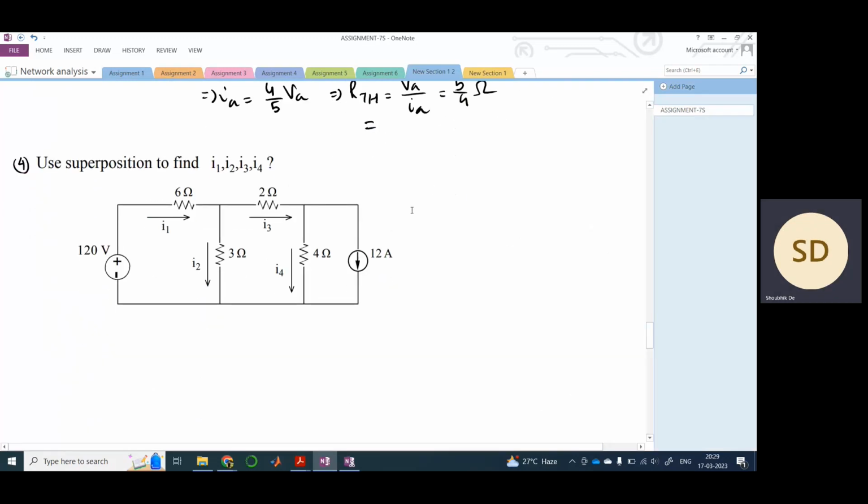Having done that, let us now solve this problem quickly. Considering the 10-volt source first, we need to open circuit the 12 ampere source.